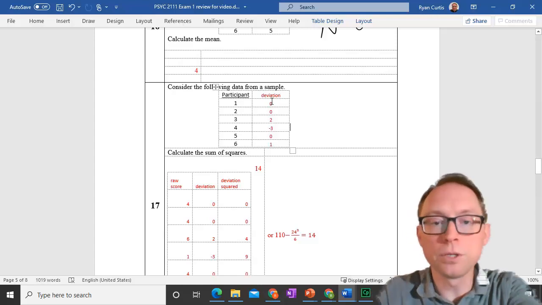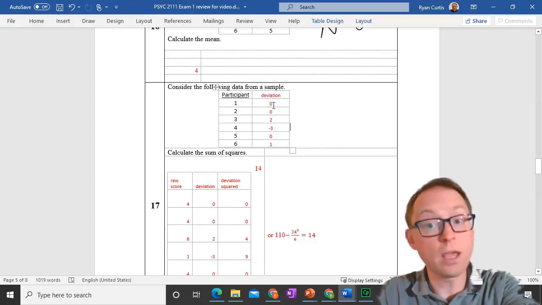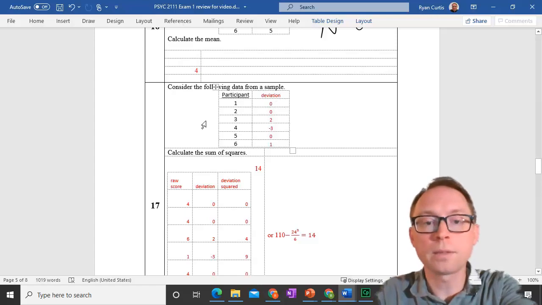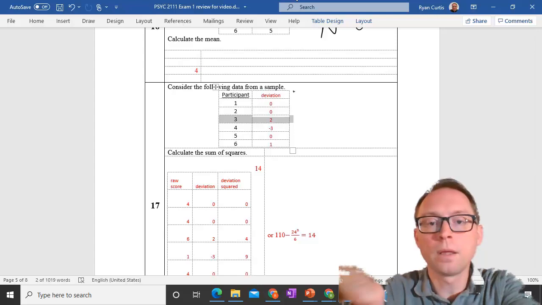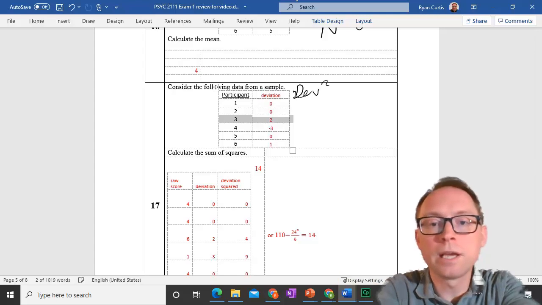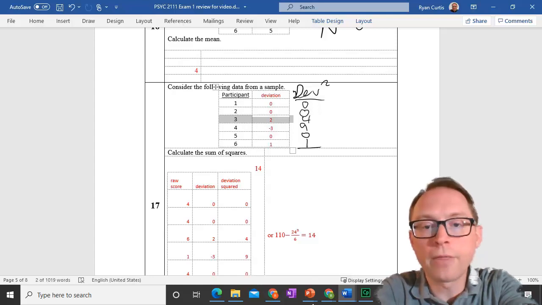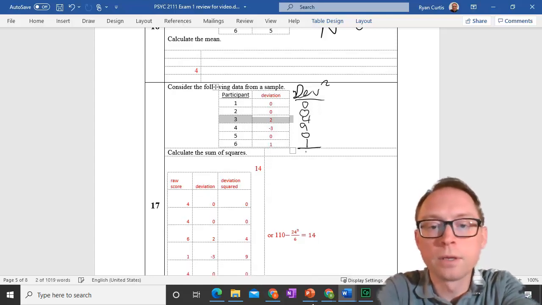So these are going to be the deviations squared. 0 squared is 0. 0 squared is 0. 2 squared is 4. Negative 3 squared is 9. 0 squared is 0. 1 squared is 1. You're going to add those up, and that is 14.